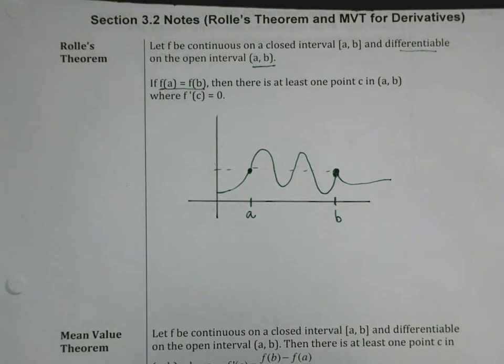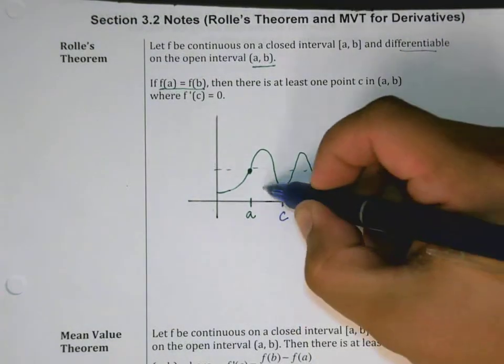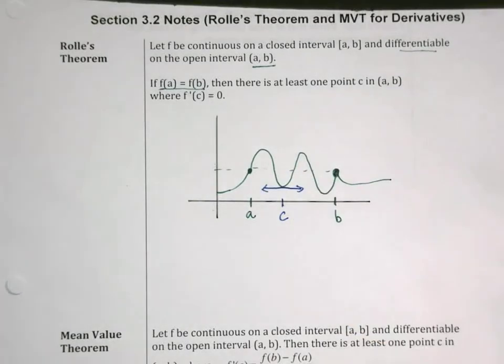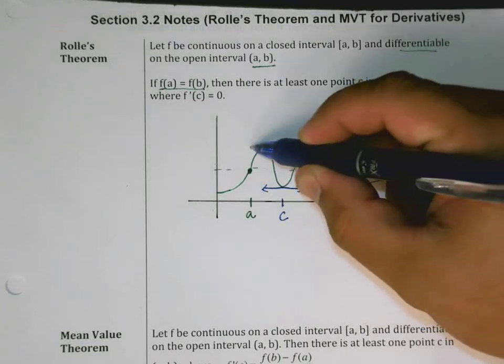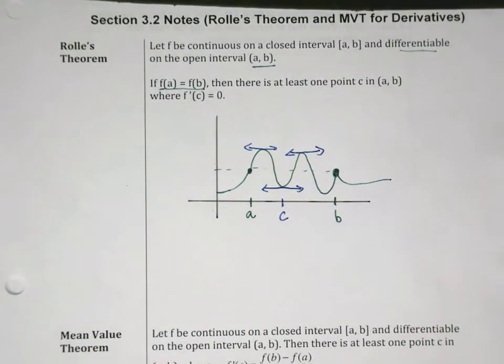In other words, there's got to be some point where the slope of the tangent line is equal to 0. In this case, there's actually a couple, but this theorem says that there is at least one. No matter how you draw this, there's got to be something here.